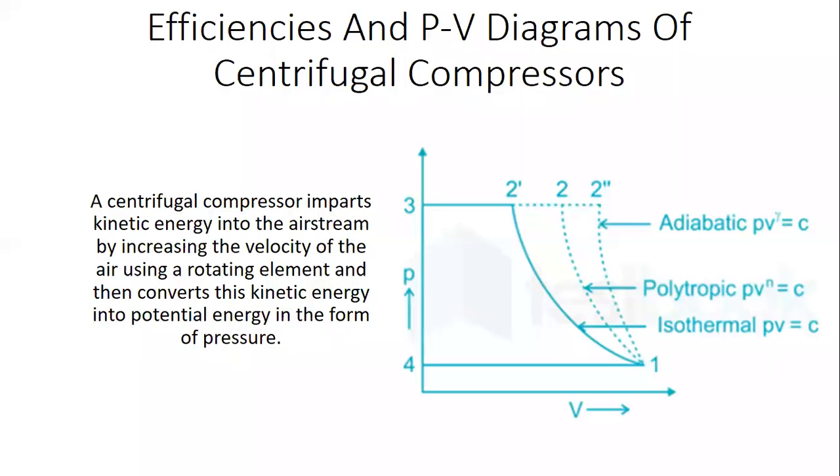A centrifugal compressor imparts kinetic energy into the airstream by increasing the velocity of the air using a rotating element, and then converts this kinetic energy into potential energy in the form of pressure. If you look at that diagram there, you will see how when your pressure is getting higher and higher, the volume is also changing.